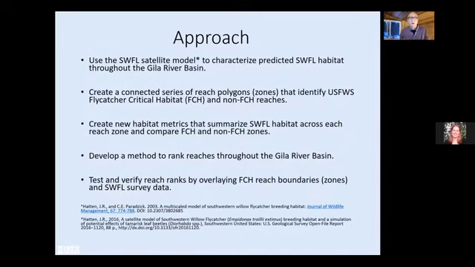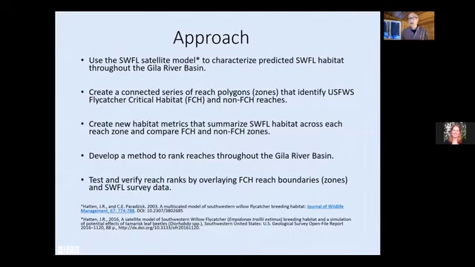So our methodology, we're going to run the satellite model over the entire Gila River basin, and we're going to characterize habitat in areas that the Fish and Wildlife Service delineated as flycatcher critical habitat. And there's 7 large reaches in the Gila River basin that are flycatcher critical habitat.